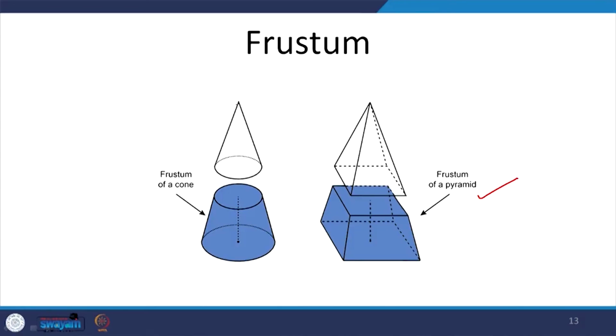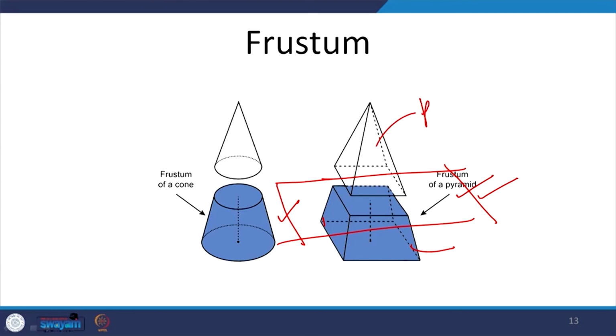Suppose this was a cone, then we get a frustum of a cone, and in this case this was a square pyramid. If the pyramid was cut through a section plane here, the bottom part which is left is the frustum of the pyramid, and the top part still remains a pyramid. In this figure, this is the cone, because the original shape is intact and it still has the apex.